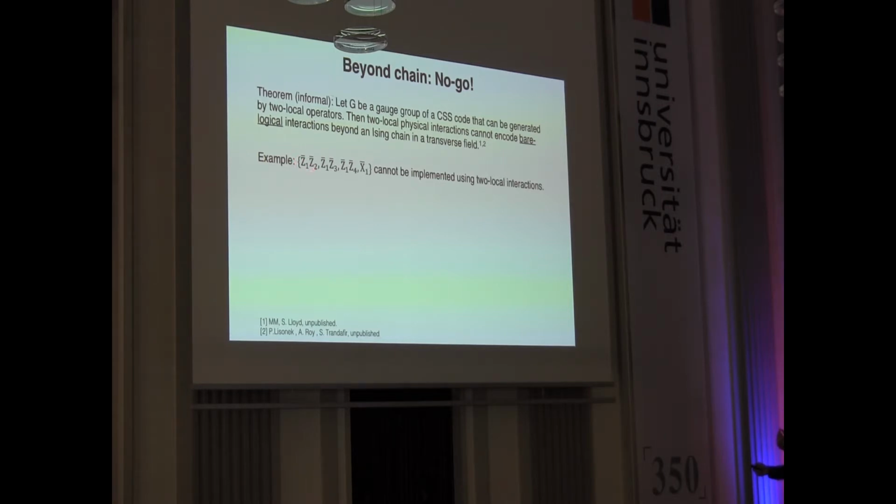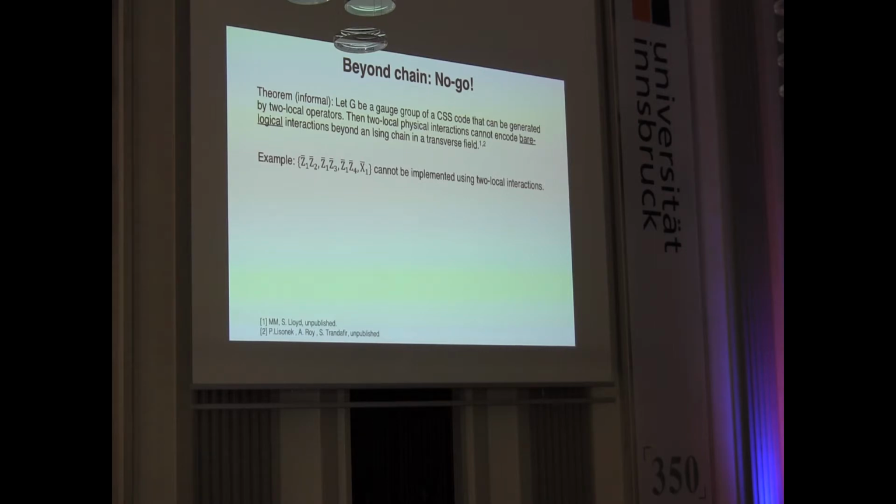I have interactions Z1 Z2, Z1 Z3, Z1 Z4, so the degree of this node is 3. And let's say I want to also have X1, something that anti-commutes with Z1. We can show that using bare logical operators, these logical operators that commute with all the gauges, I can't do this. We can prove that.